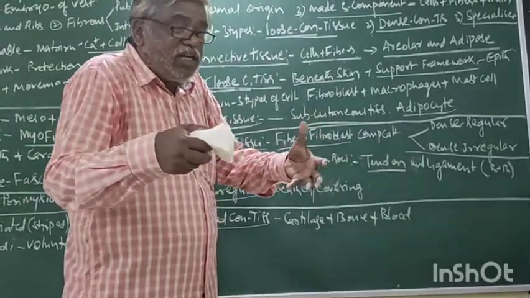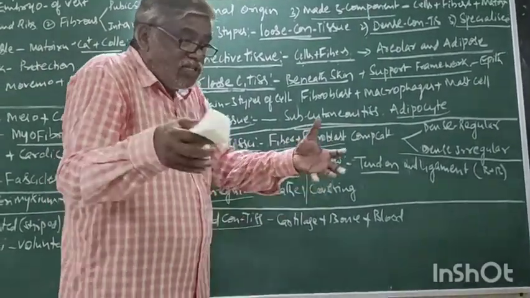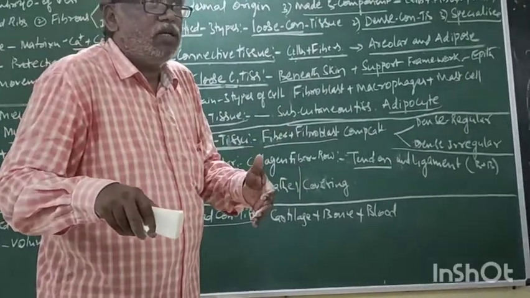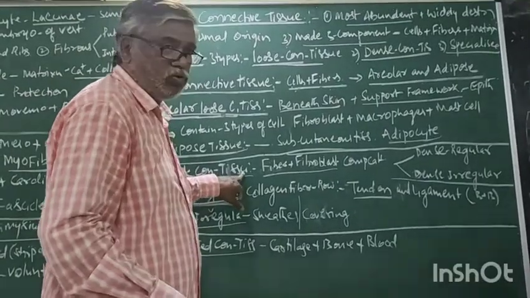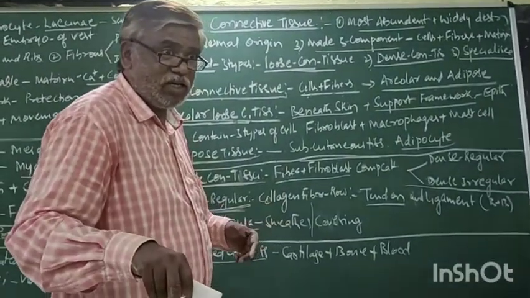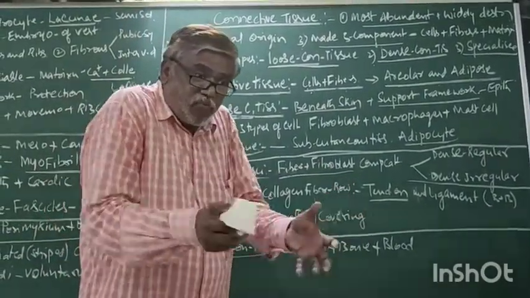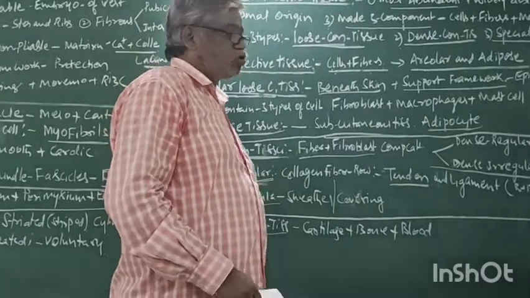This compacting nature is due to the less matrix. Due to this, the fibers and fibroblasts become compact. Hence, it is densely connective tissue.